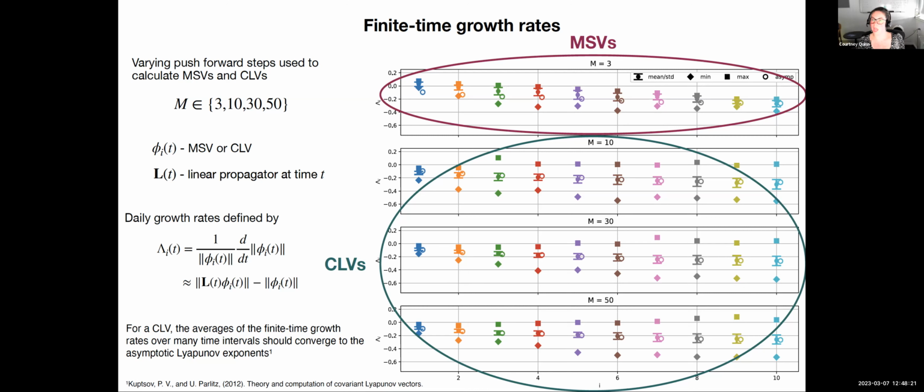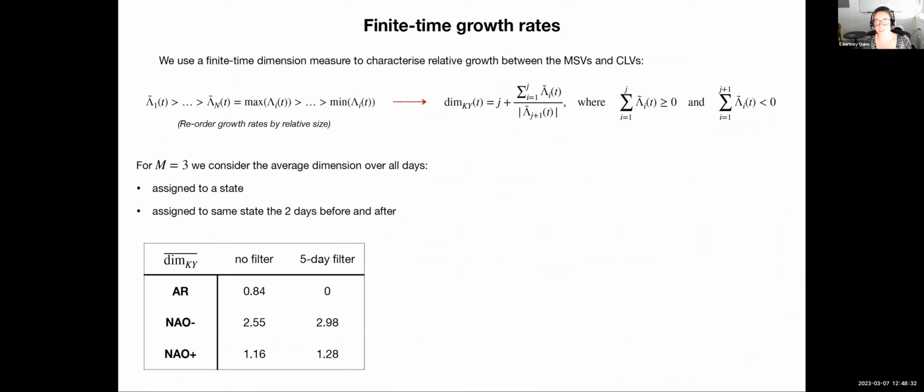Where that doesn't happen, we're going to call those MSVs. And we call them MSVs because that's related to the algorithm that I show in the next bit. So just keeping that in mind, we then use our finite time dimension measure again, as introduced before.